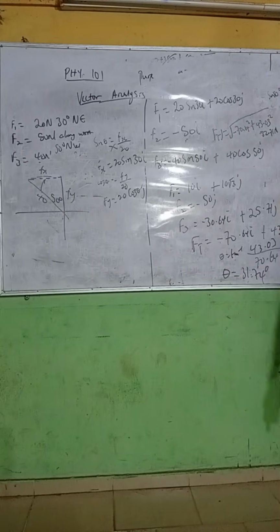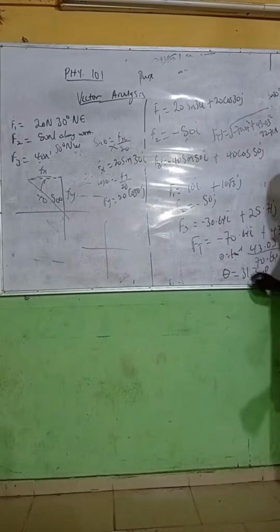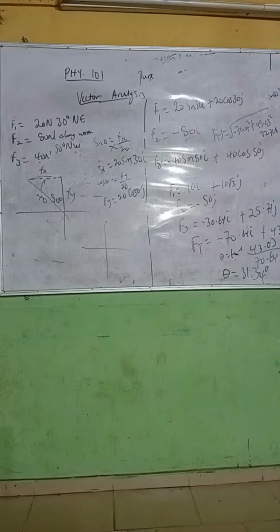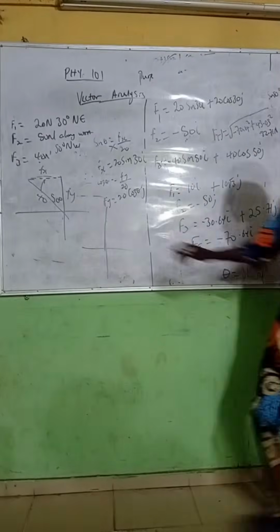31.34 degrees. Now let's check which quadrant. Our j, the addition of the total force, our j is positive, right? J is positive. What's our x? Negative.